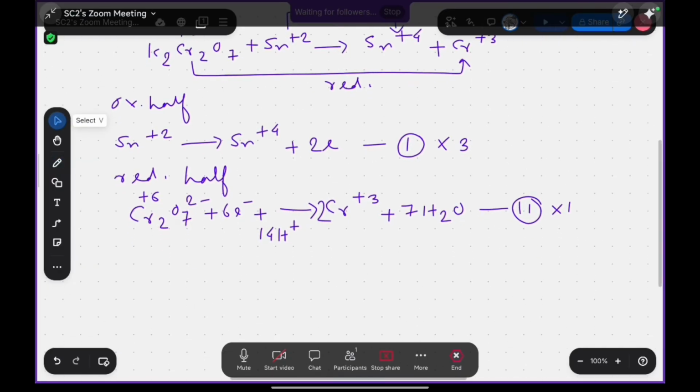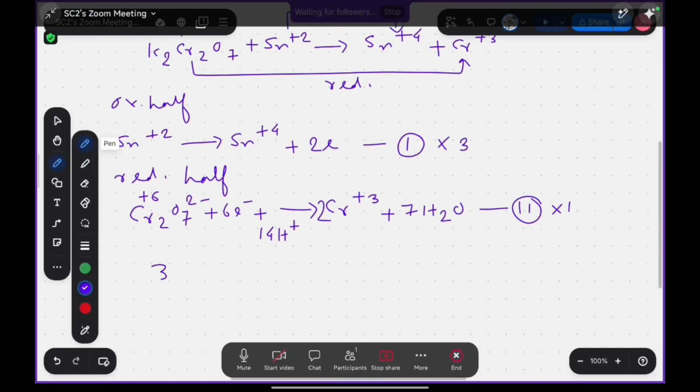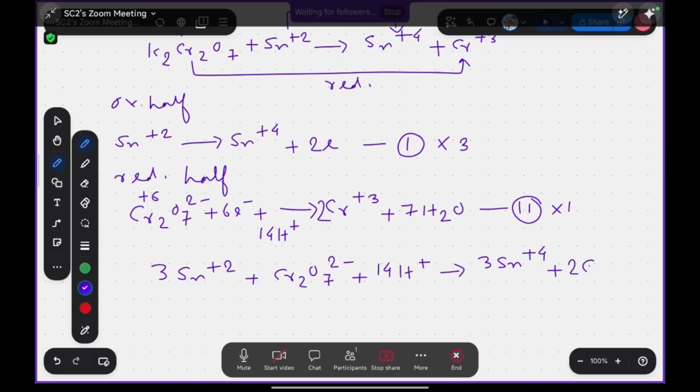The whole equation comes out like this: 3Sn plus 2 plus Cr2O7 2 minus plus 14H plus gives 3Sn plus 4 plus 2Cr plus 3 plus 7H2O. This is the whole balanced equation.